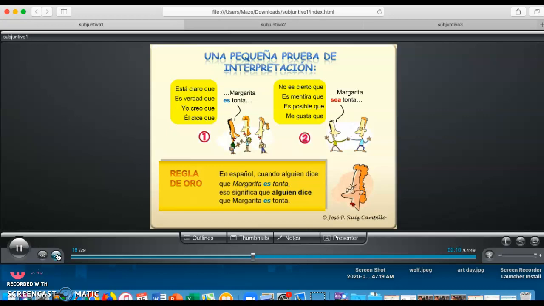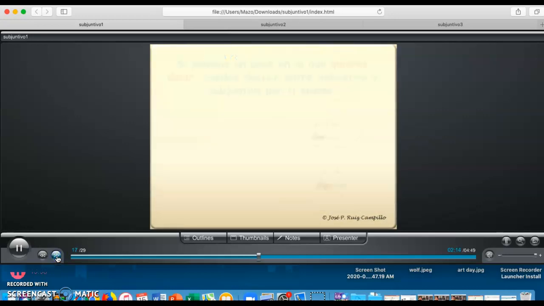So, what's the golden rule, regla de oro? En español, cuando alguien dice que Margarita es tonta, eso significa que alguien dice que Margarita es tonta. We're making a declaration. We think, yes, that Margarita is dumb. So, is she gonna get angry in that situation, right?